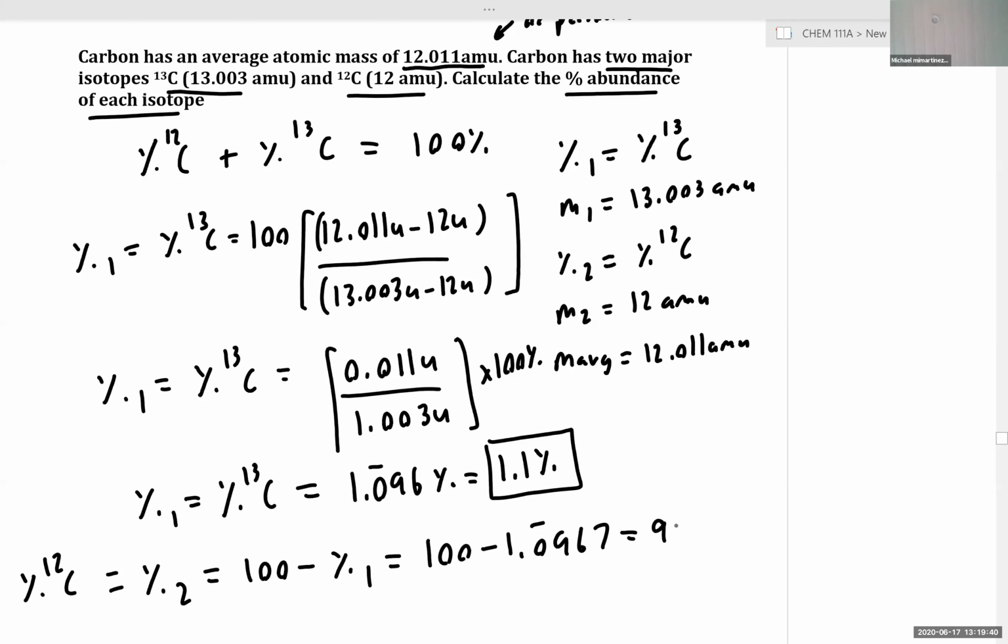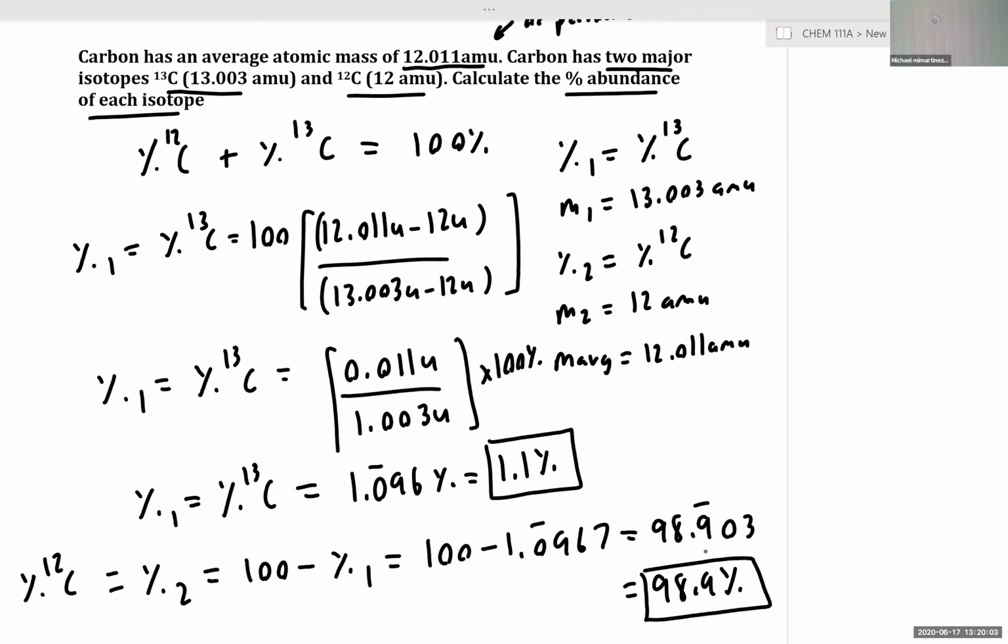We get out the answer of 98.903, which we round to 1 decimal place, which is 98.9%. Notice as a check, if we add both of our percentages together, we get 100%.